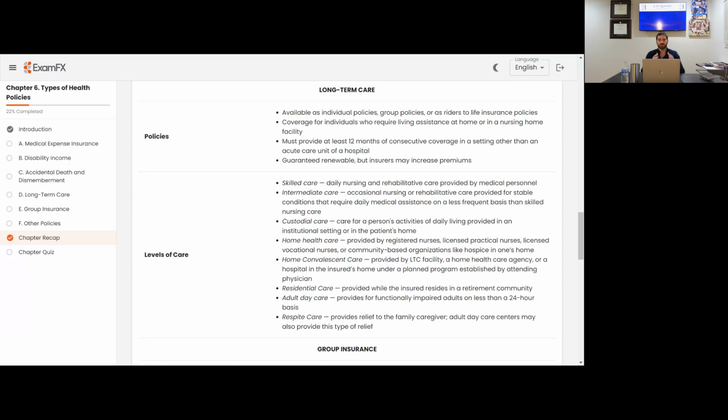But the coverage for individuals who require living assistance at home or in a nursing home facility, that's what long-term care is. They must provide at least 12 months of consecutive coverage in a setting other than an acute care unit of a hospital. So, home health, or you have a stay-at-home nurse, they're going to provide that coverage for you.